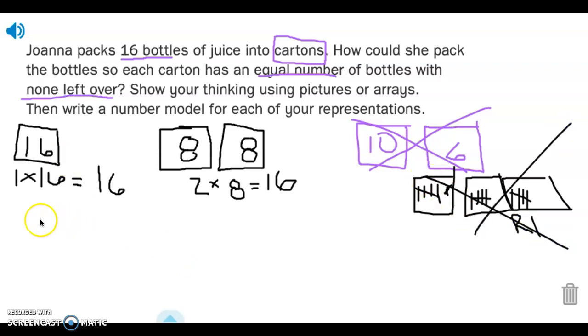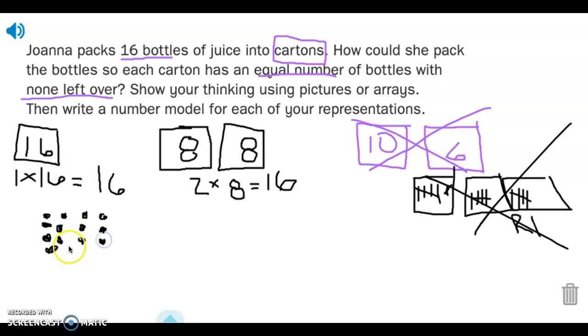But I know that if I make, let's see, I'm going to do an array this time. So it's like drawing my 4 cartons. I'm going to draw 4 cartons and put 4 in each one. And it's going to make a square of 4 by 4. What is 4 times 4?